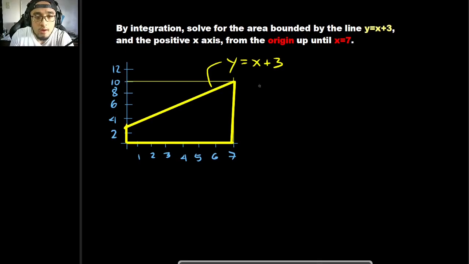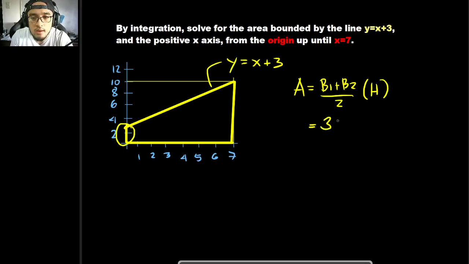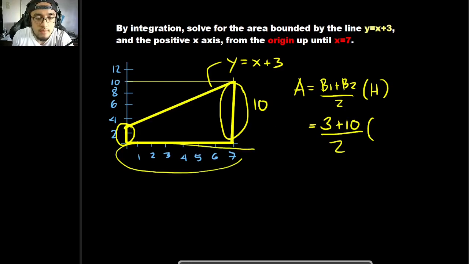So for the area of a trapezoid, our area is to be base 1 plus base 2 divided by 2 times your altitude h. And in this case, our b1 is to be 3, plus our b2 here, which is 10, divided by 2 times our altitude in this case, which is to be 7.